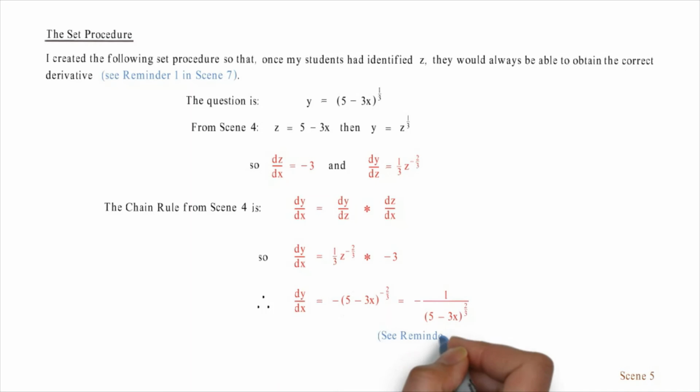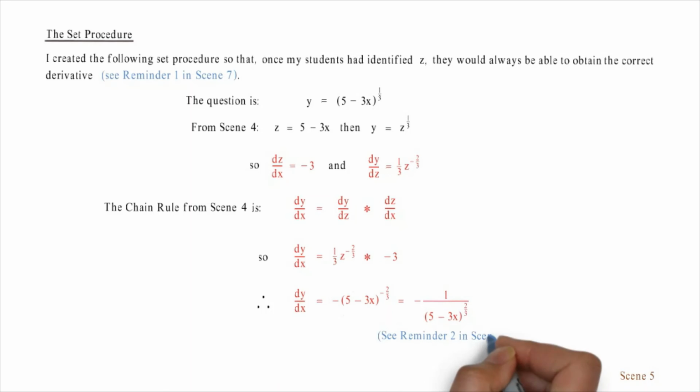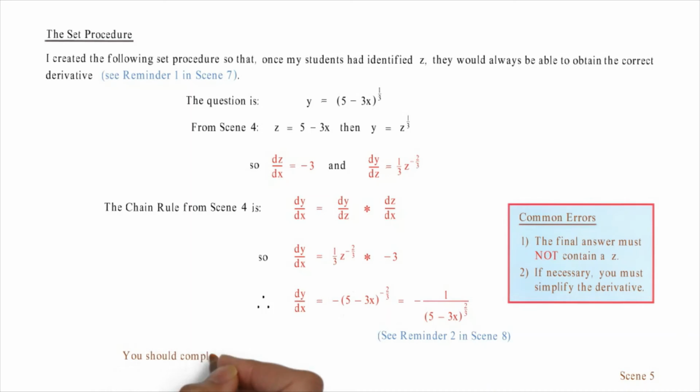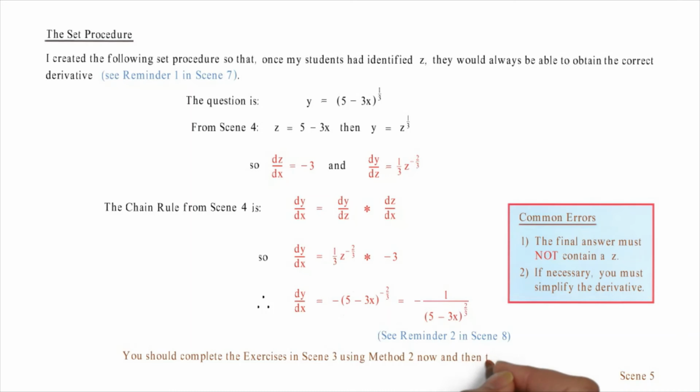See reminder 2 in scene 8. You should complete the exercises in scene 3 using method 2 now, and then try method 1 again. To review the above working, you should pause this video now.